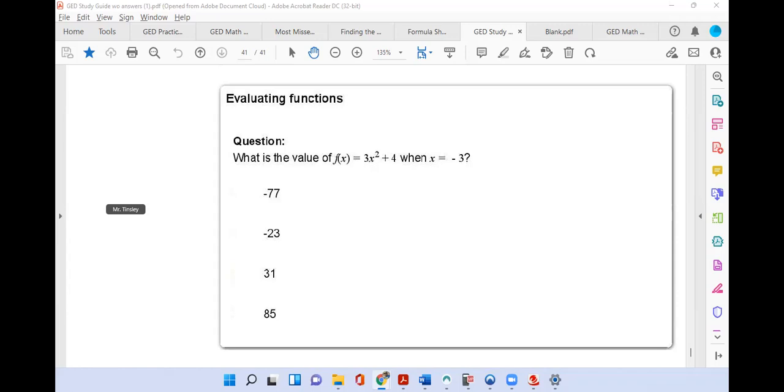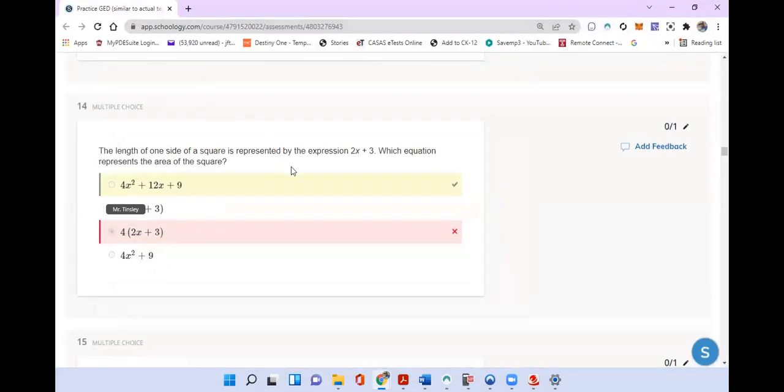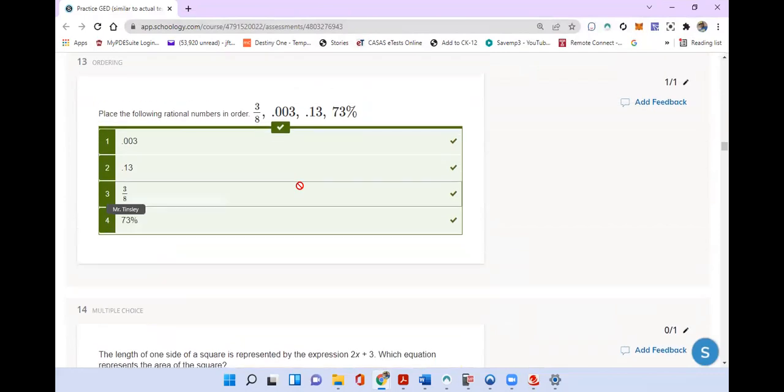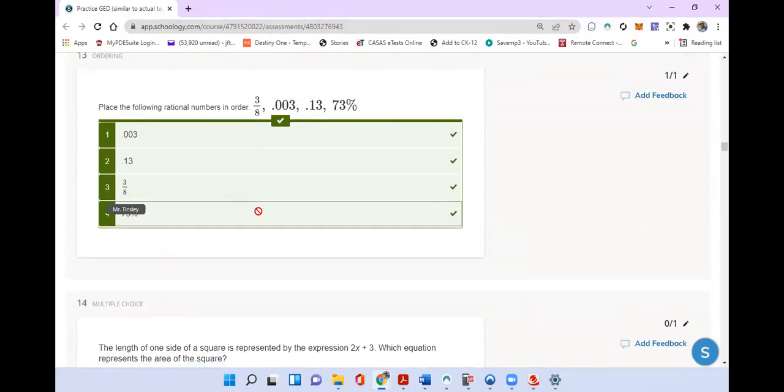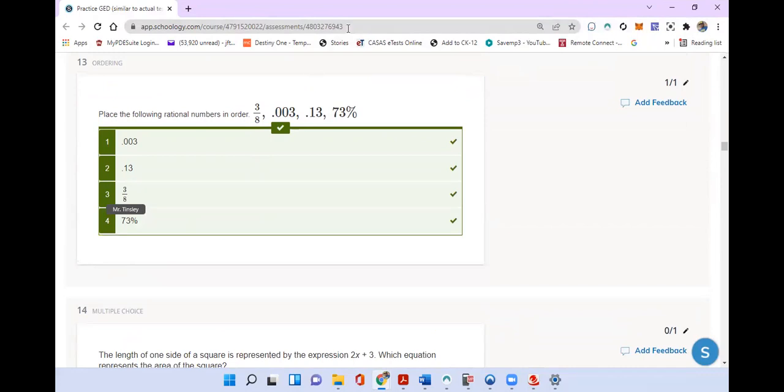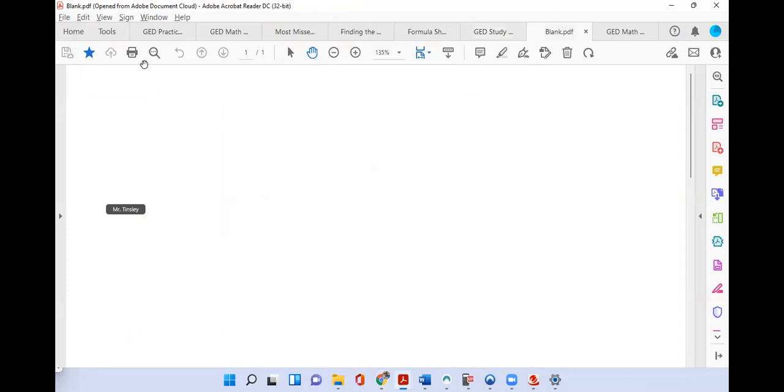Hold on, I don't know why my computer's acting so slow here. There we go. So let me see if I can find it. There we go, right there. I don't want to actually show the answer though, do I? Let me put this off the screen first and I'll type the problem in.